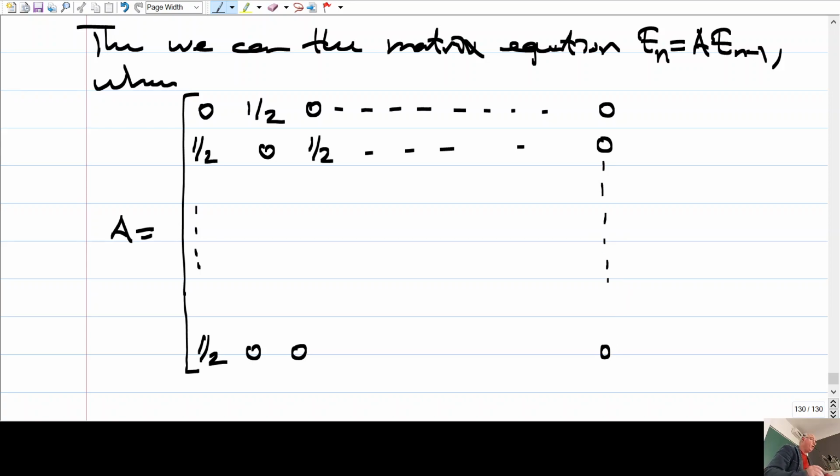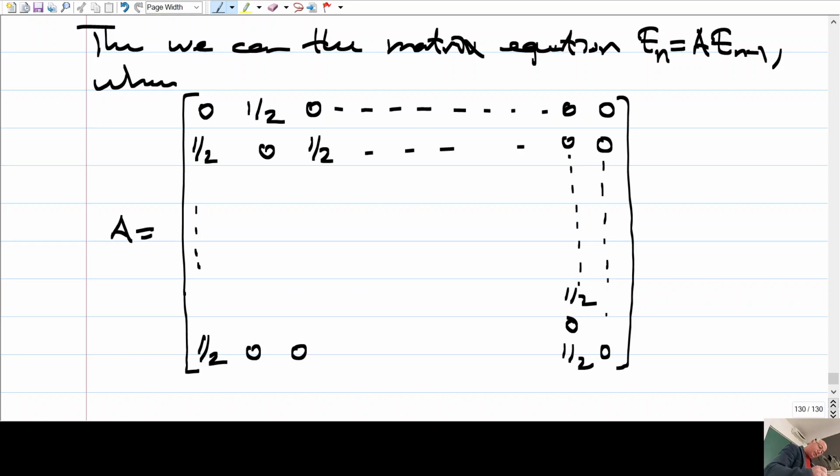This column is all 0 because 12 doesn't go anywhere. Okay, so it is a singular matrix, and the column before this goes like this. I have 1/2 here, 0 here, and we have this gadget here. So diagonal entries are all 0.